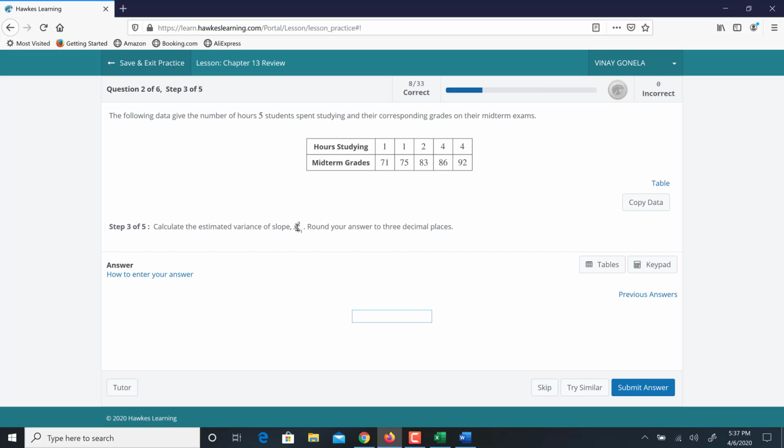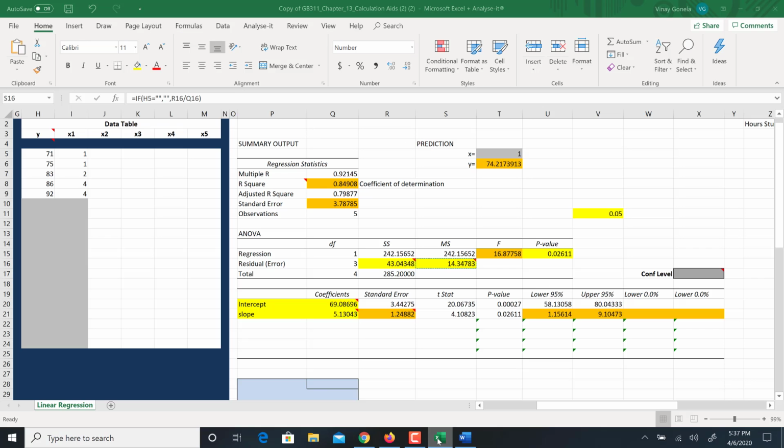And then the estimated variance of the slope. If you see in this, the slope is this row, so the standard error is the standard deviation of the slope. So when they ask for variance, you have to square it.